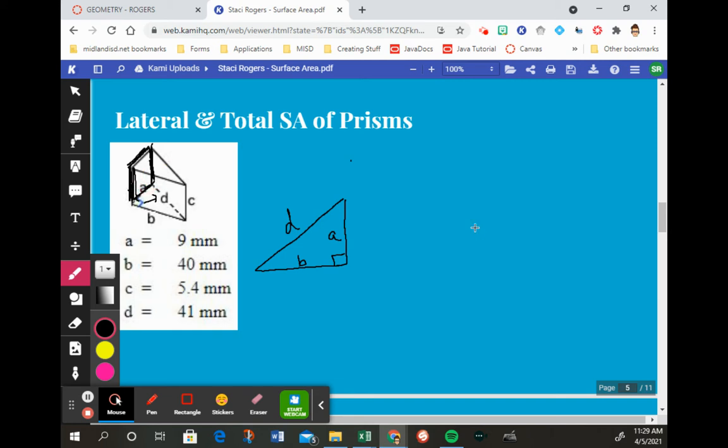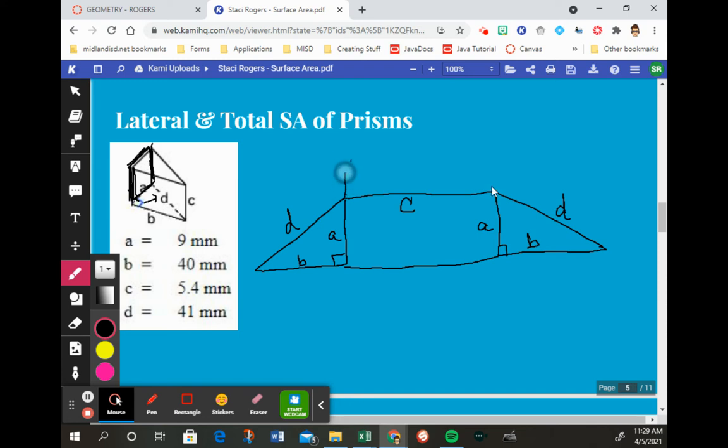And it looks like C. So I'm going to draw a rectangle, and this is C. Then I'm going to draw my other matching triangle over here. And here's A, B, and D. And it's a right triangle. Well, what goes up here?